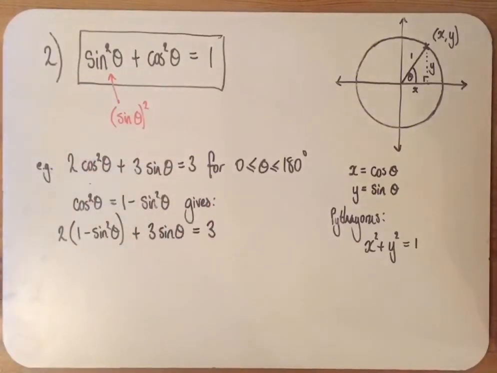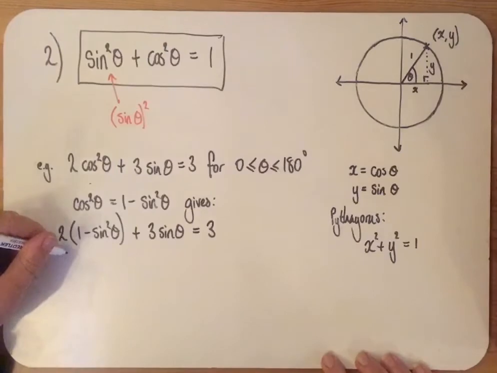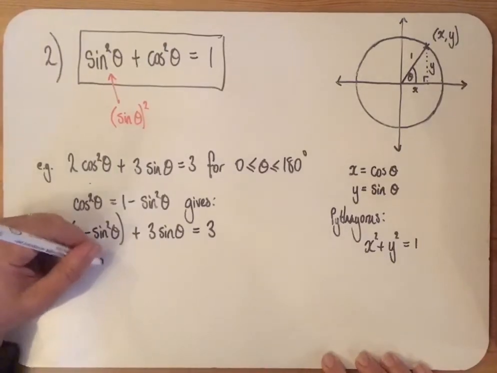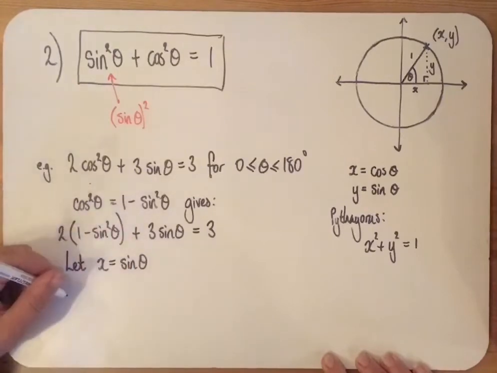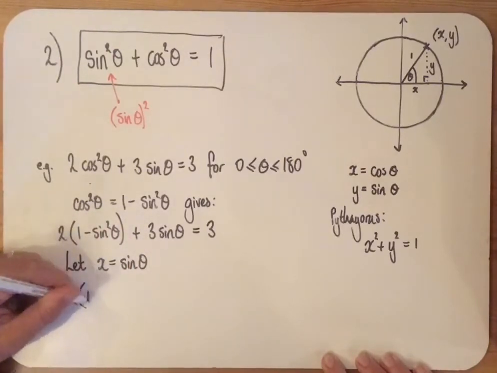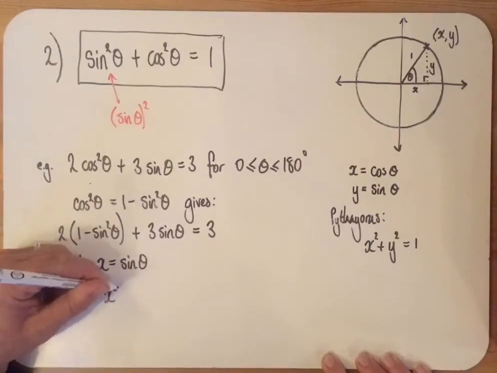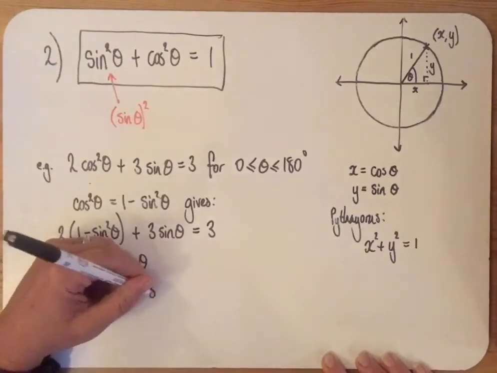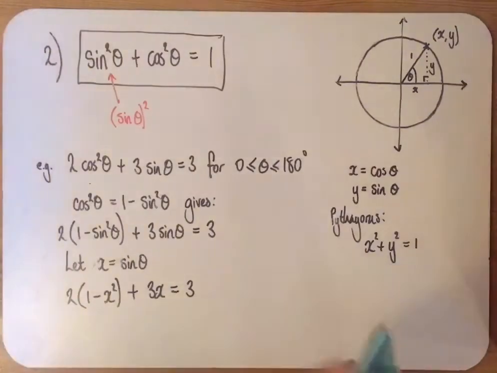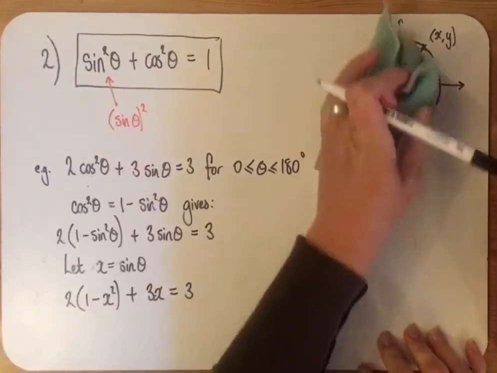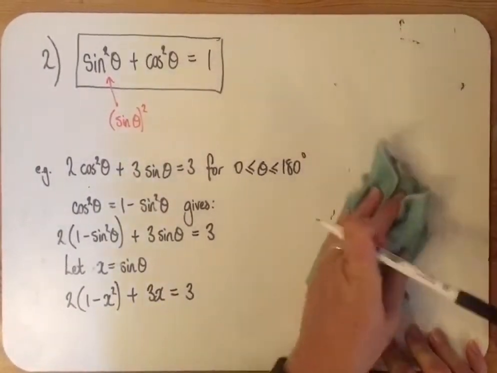At this point here, you don't have to do this, but you might want to let x equal sine theta. And you can just see what's happening a little bit more there. So that takes us to there. So you can see quite clearly from there that we've got a quadratic in x.